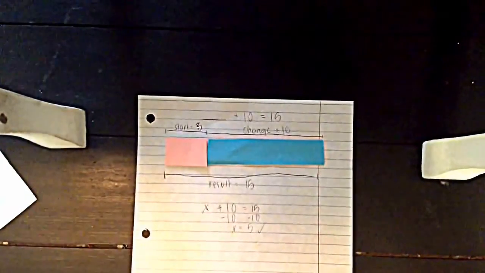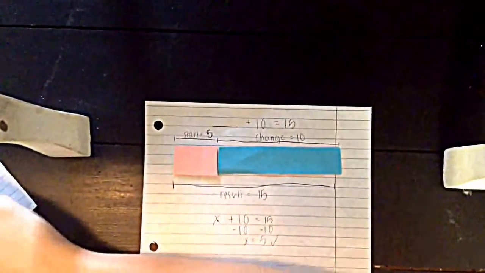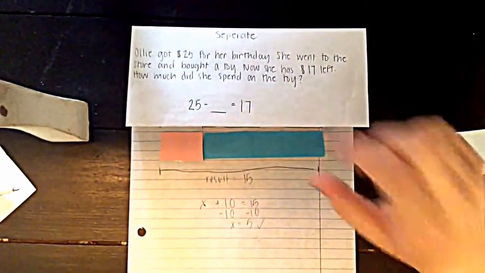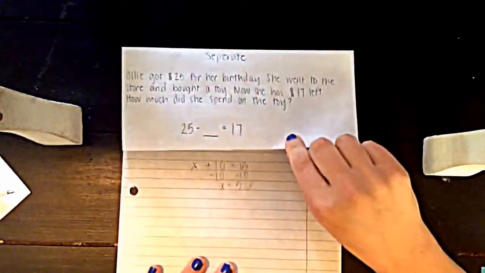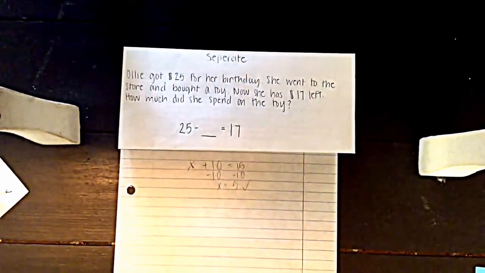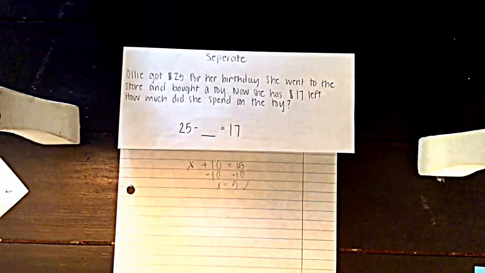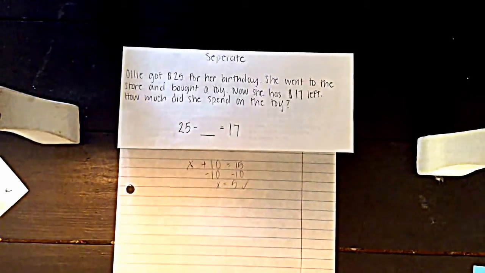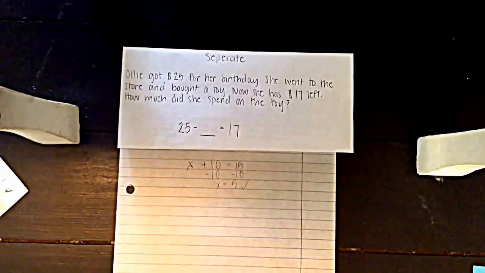Next, we're going to do a separate problem. Ollie got $25 for her birthday. She went to the store and bought a new toy. Now she has $17 left. How much did she spend on the toy?